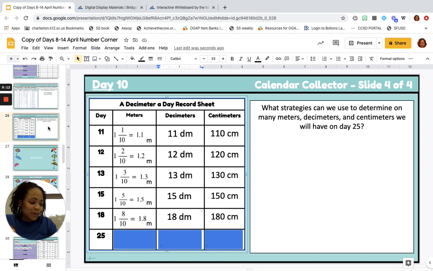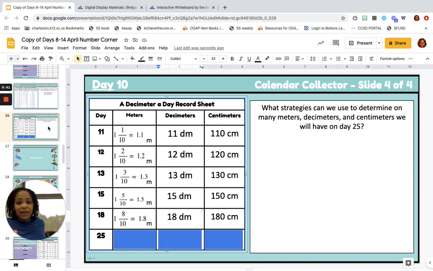Okay, so now, the challenge. We only have about 16 school days in April because we have an e-learning day coming up, and then we had a whole week off for spring break in April. So, with that being said, if we had more than 20 days of school, like we normally would have in a month, or sometimes a little bit more than 20, let's say we had 25 days of school.